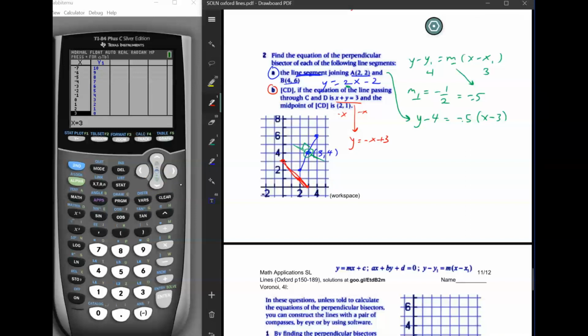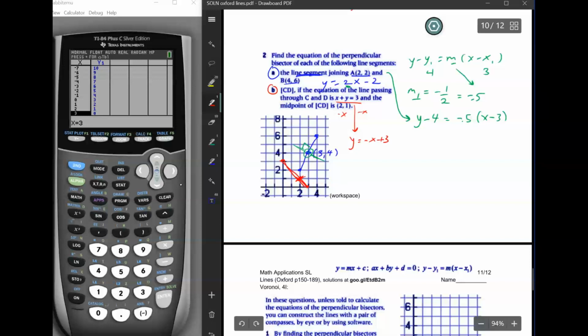Now, this is supposed to be a line segment. The midpoint of CD is 2, 1. So the midpoint is 2, 1, and it doesn't say what C and D are.